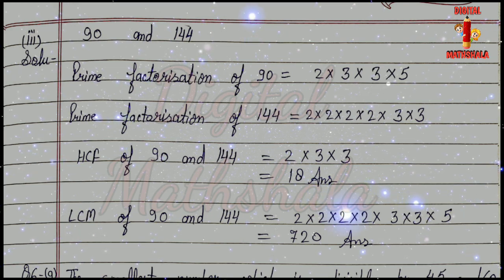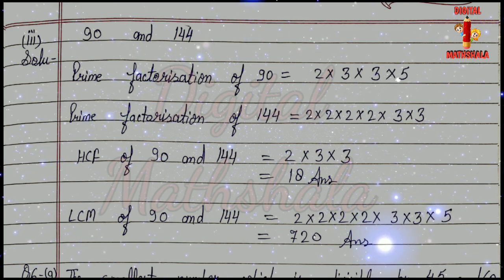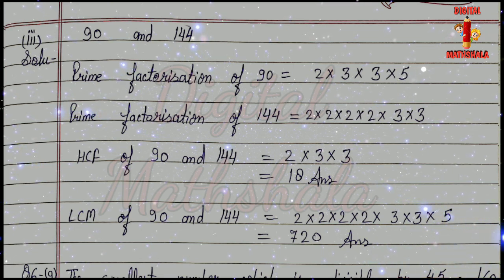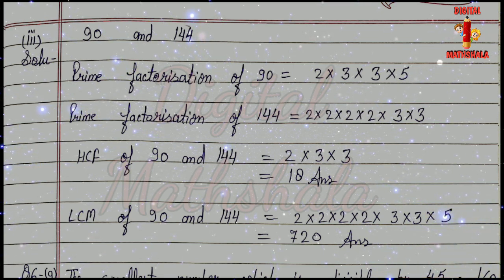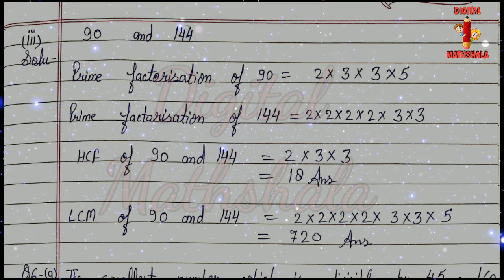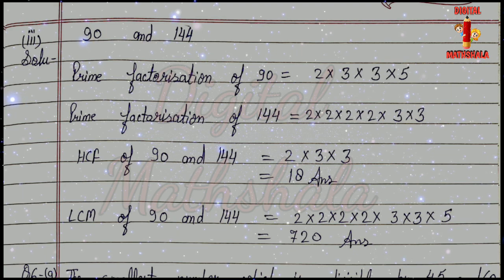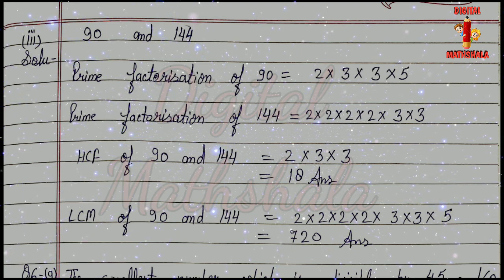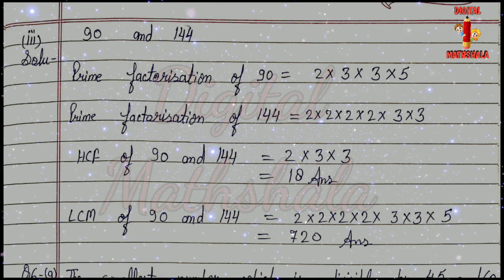So when we find out the HCF of these two numbers, we will see the factors which are common in both the numbers. In the factorization of 90, 2 appears once, so we will take 2 one time.